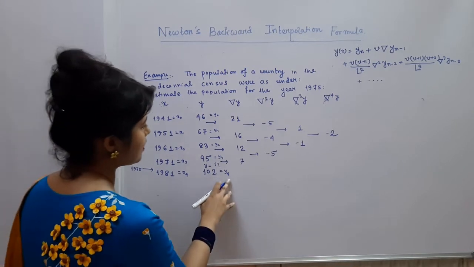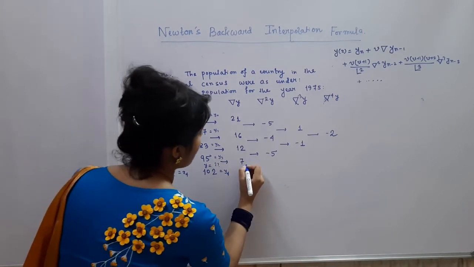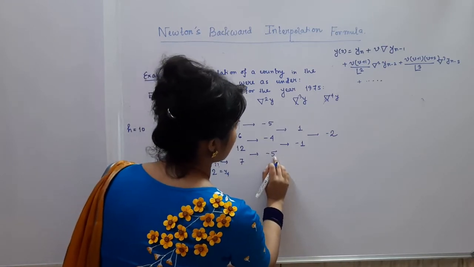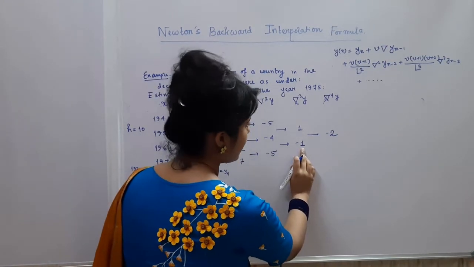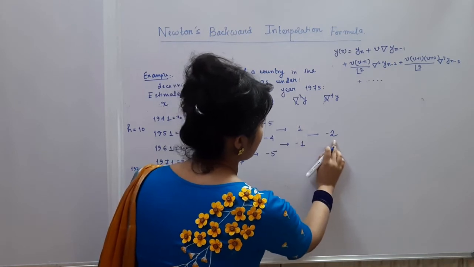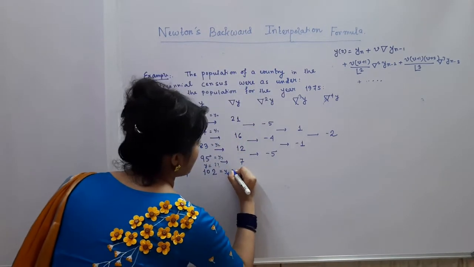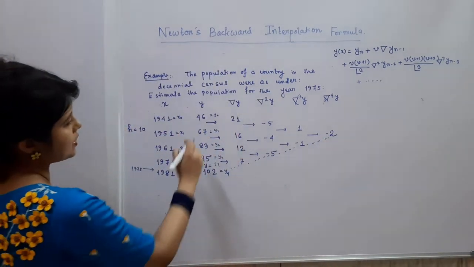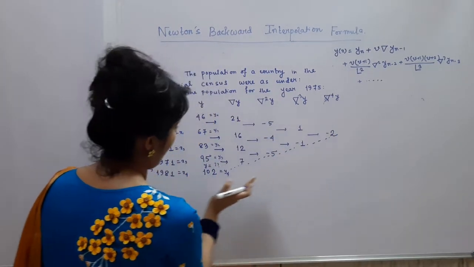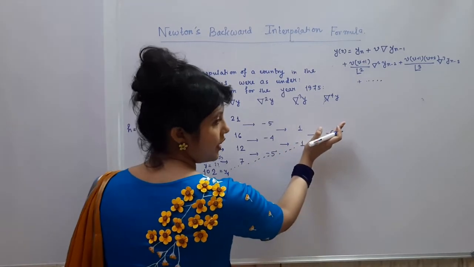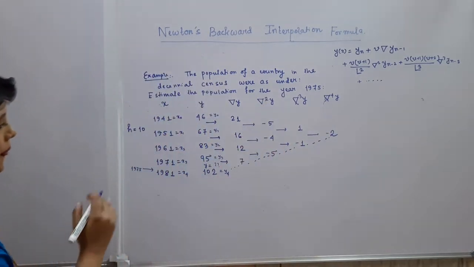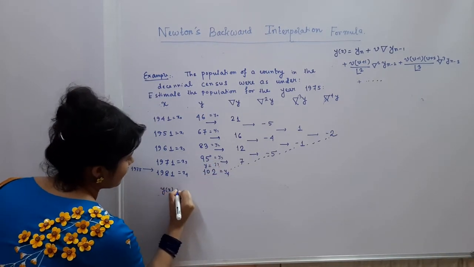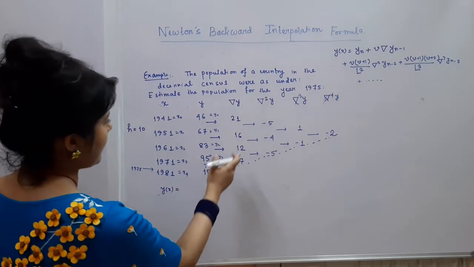So here n is equal to 4, so you need y4, then delta y3, then delta square y2, then delta cube y1, then delta to the power 4 y0. For the forward interpolation formula you need the top values, and for the backward interpolation formula you need these values. Now I am going to substitute the values.